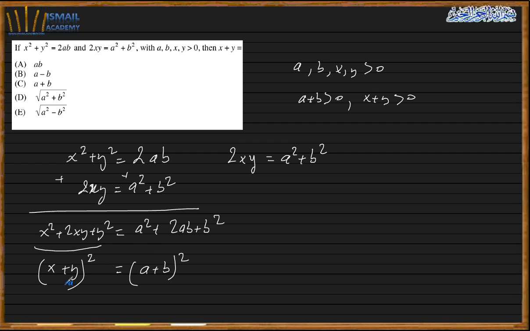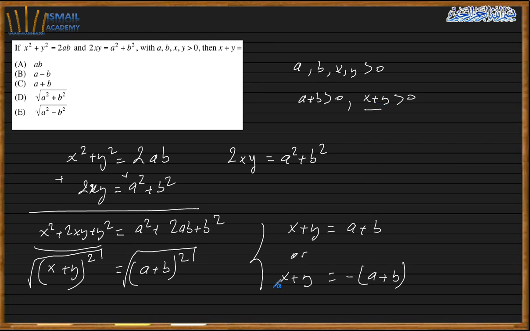If I take the square root of both sides, I will have two answers: x plus y equal a plus b, or x plus y equal negative a plus b, which is not part of my answer, since x plus y is negative there.